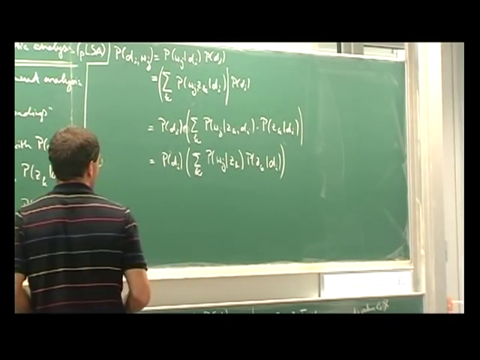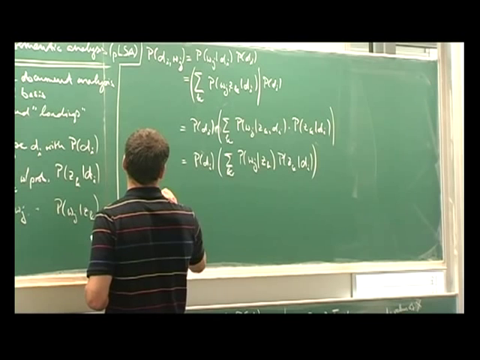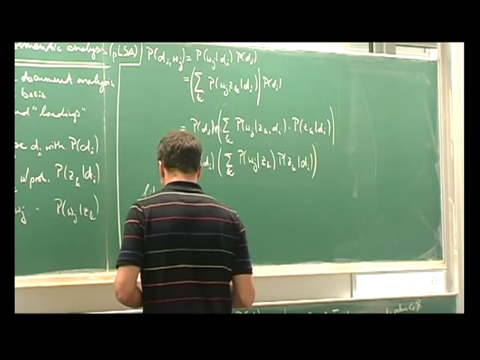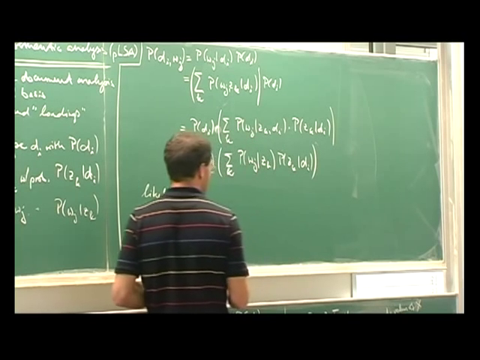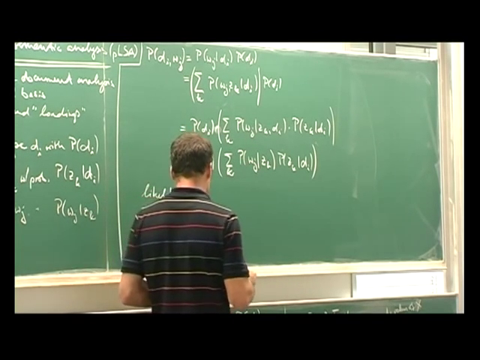Okay, and we can then go on and formulate the likelihood. So this is the probability of our observations given the parameters.